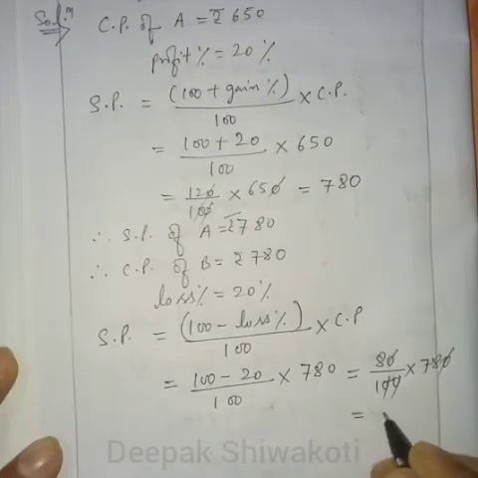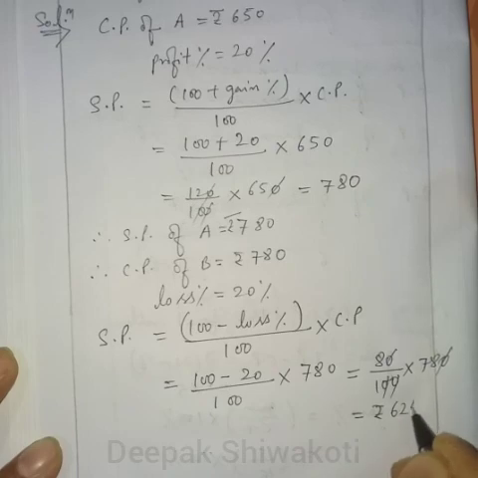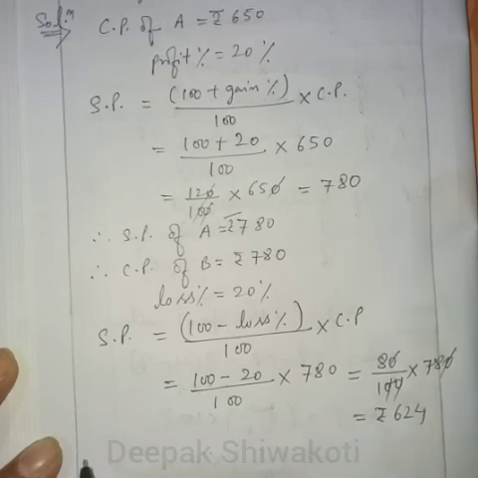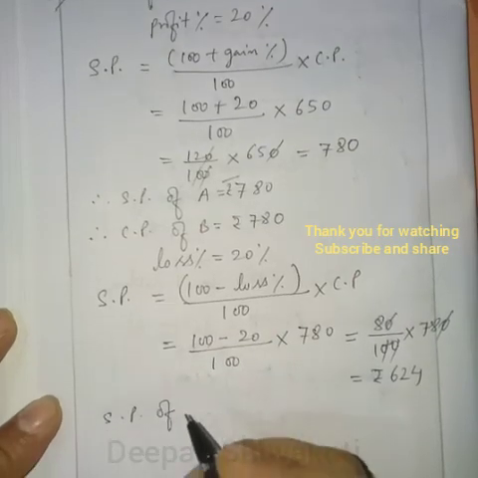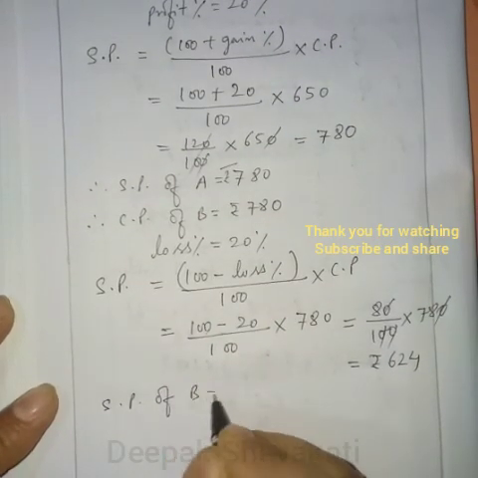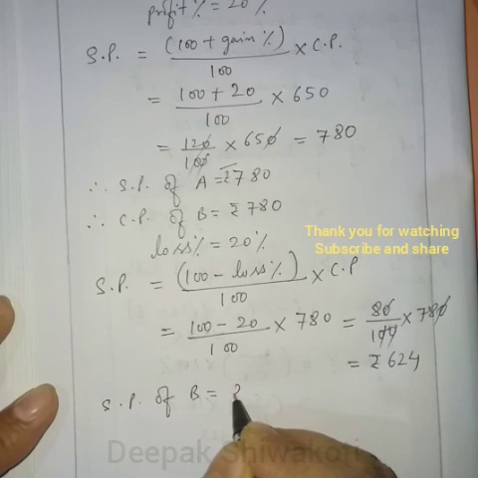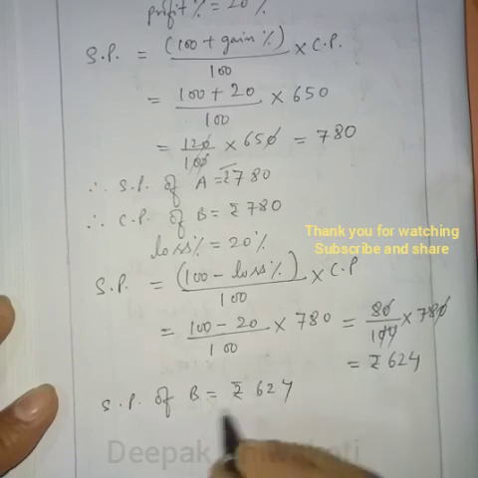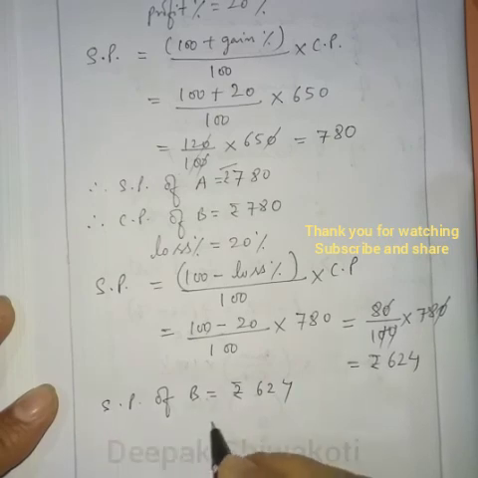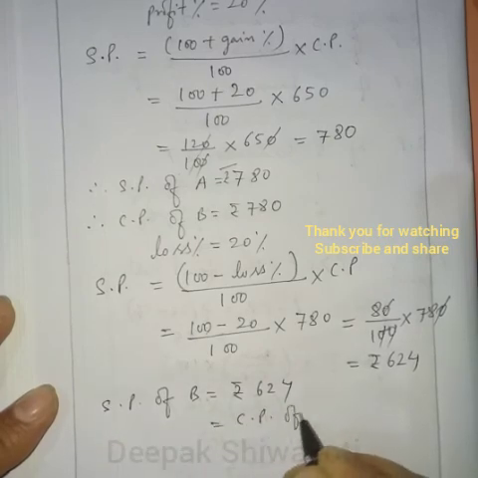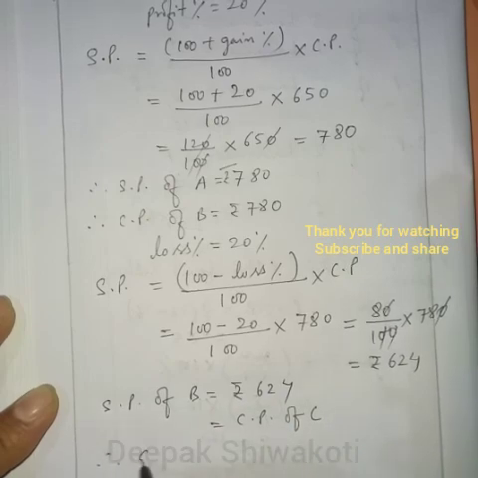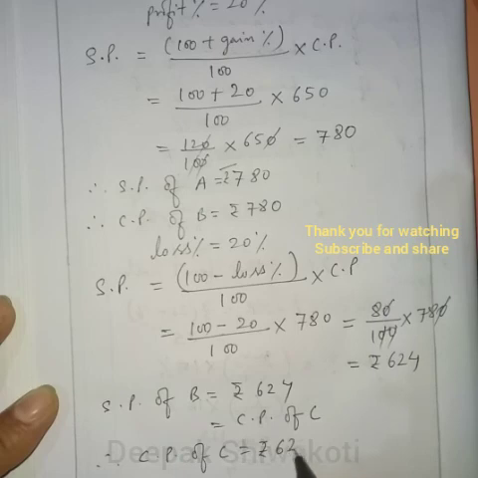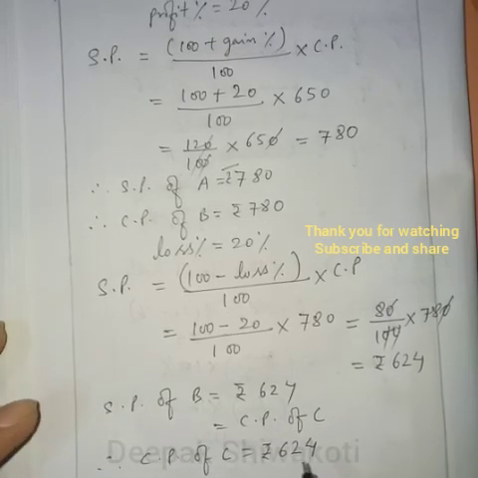We will get rupees 624. So here selling price of B is equals to rupees 624, which is equals to cost price of C also. So therefore cost price of C is equals to rupees 624. Okay, try to revise this one.